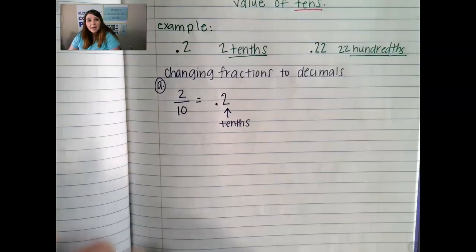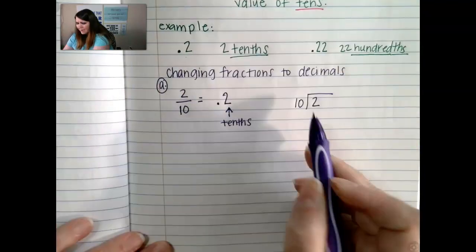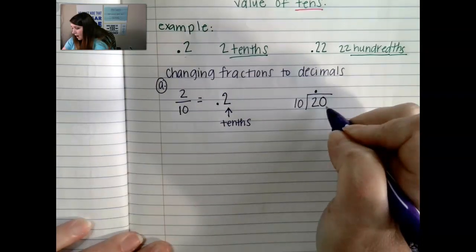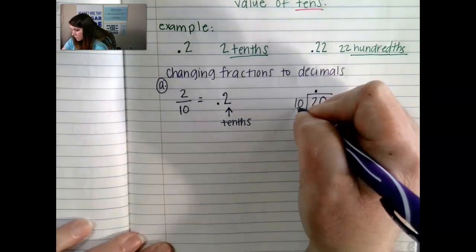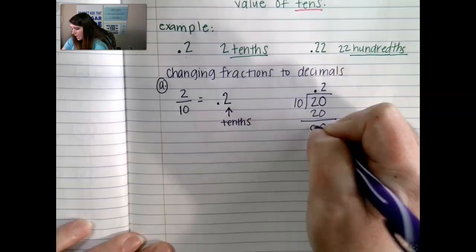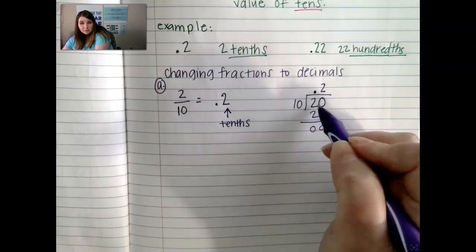So if I had 2 divided by 10, well, I know that 10 doesn't go into 2. However, if I put a dot here and I say 20, how many times can 2 go into 20? I've now been able to say 10 times 2 gives me 20. So I have 2 tenths by using division.